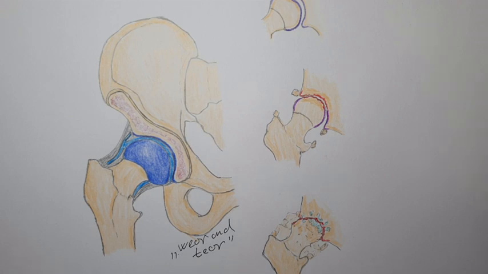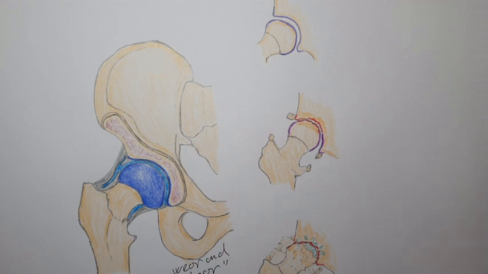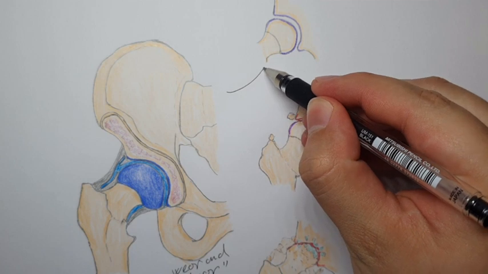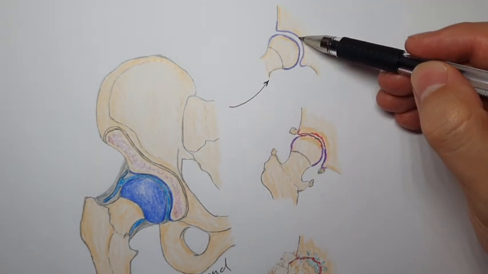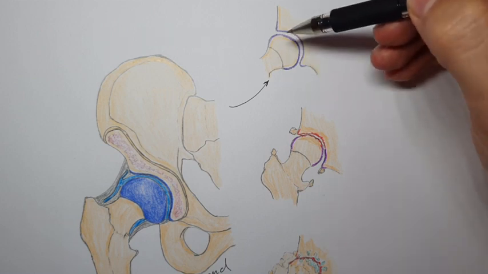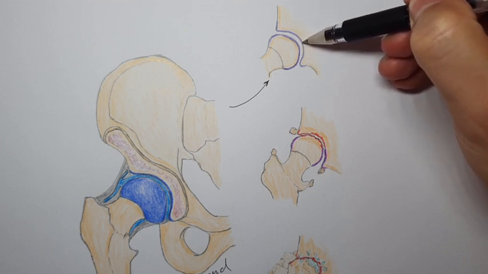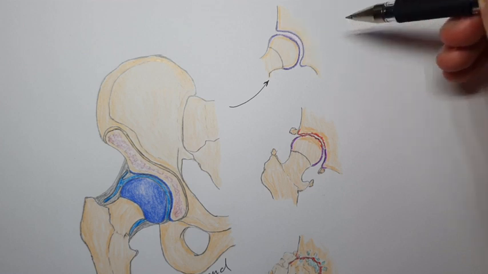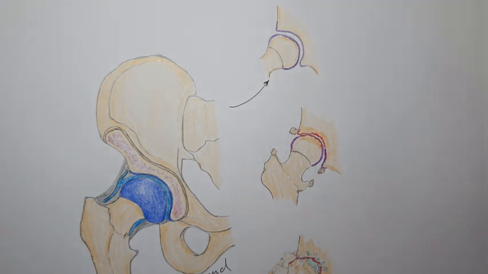So, how does it come to arthritis? First of all, over the years, with mechanical damage, here we see the joint simplified. We see the articular cartilage on both surfaces. We see how the joint space between the two joint surfaces is equal, and this joint space is filled with synovial fluid.